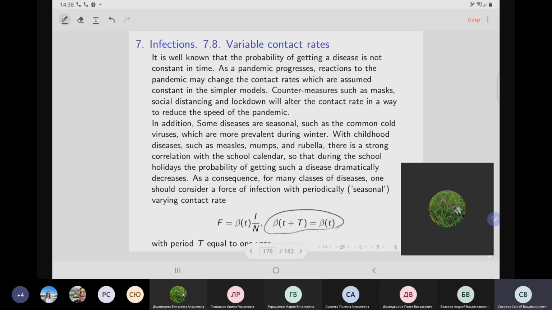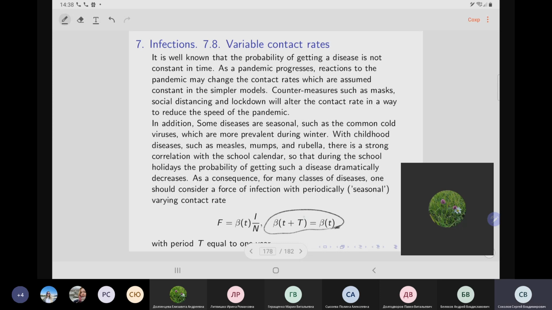So we can take into account this seasonal feature. So our beta will be periodic, and the period of beta is 1 year.